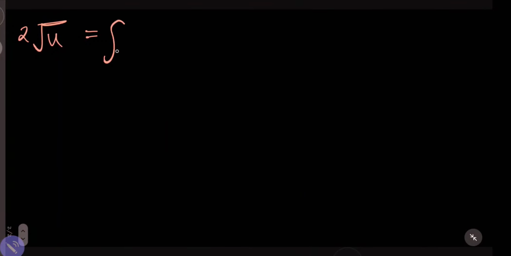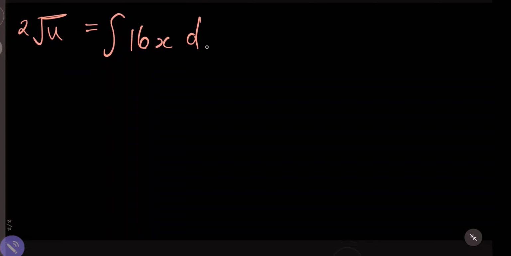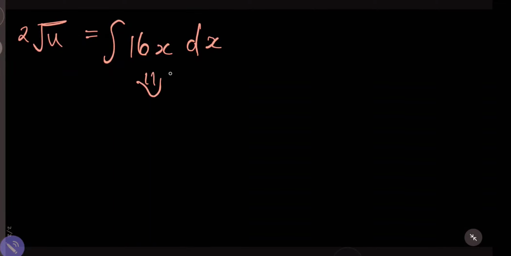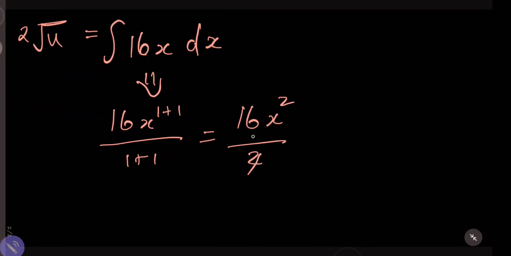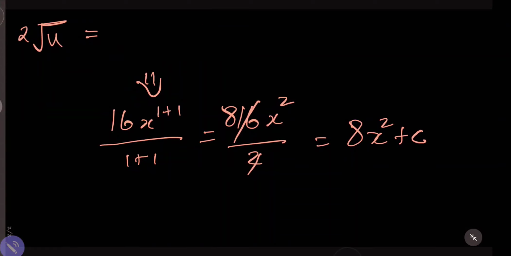So for the integral of 16x dx, this would be 16x raised to power 1 plus 1 all over 1 plus 1, which is 16x raised to power 2 divided by 2. This is 8, so we have 8x squared plus c. So I can just replace this with 8x squared plus c.